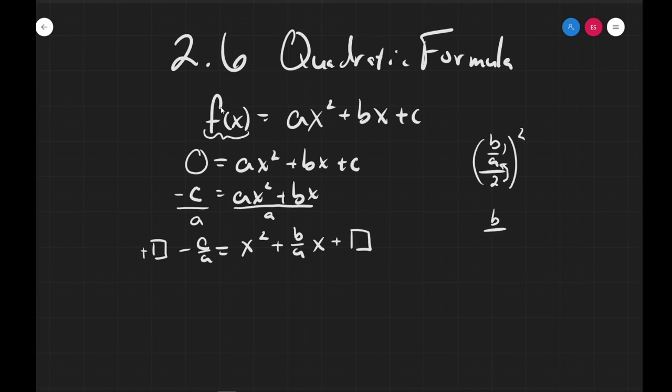So we're going to end up with b over 2a squared, which there's really no nice way to write, so we're just going to go ahead and add b over 2a squared to both sides. Negative c over a equals x squared plus b over a times x plus b over 2a squared.